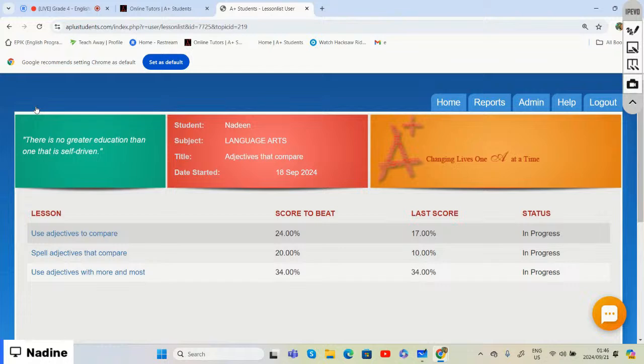If we are comparing more than two, we just add an EST. If there are two or more syllables, we can add more to the comparative adjective and most to the superlative adjective. All right, so this is the end of our lesson.